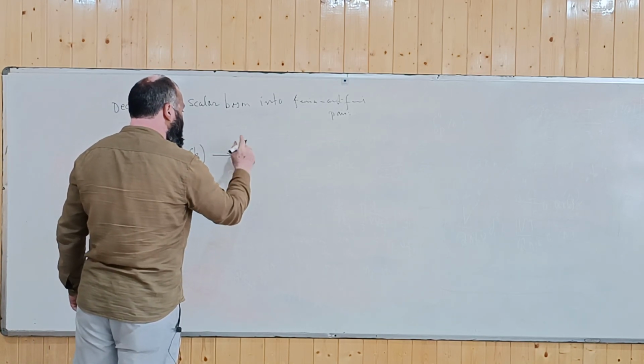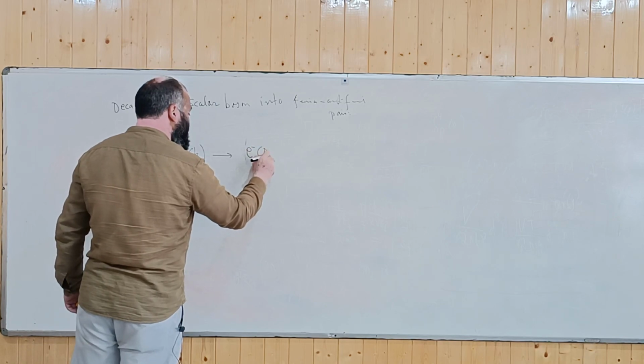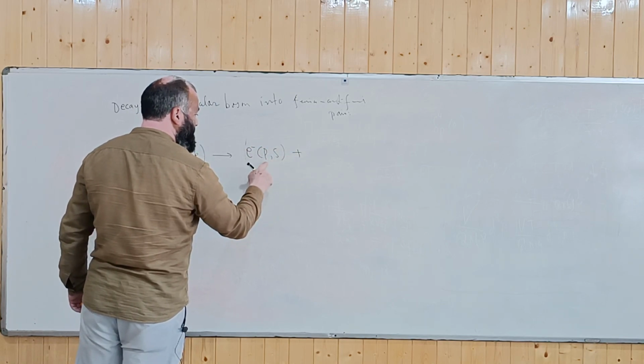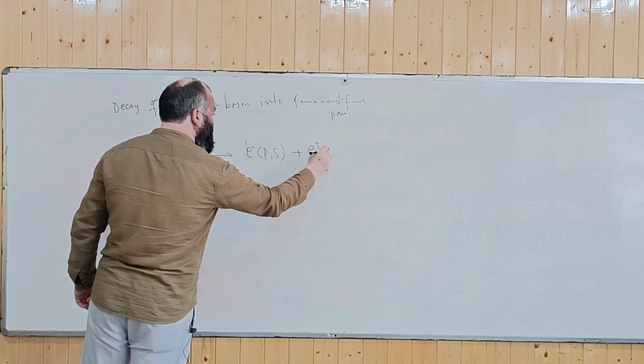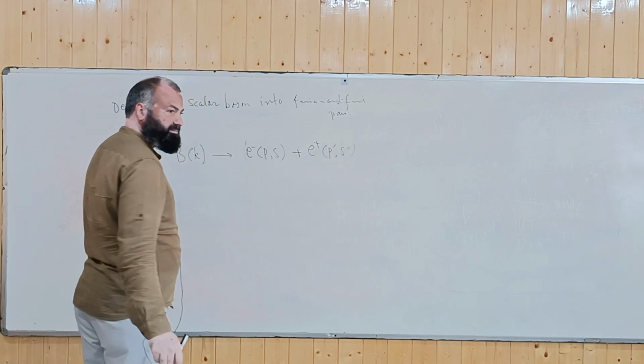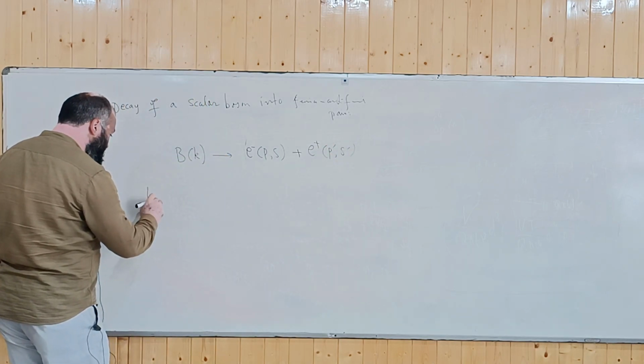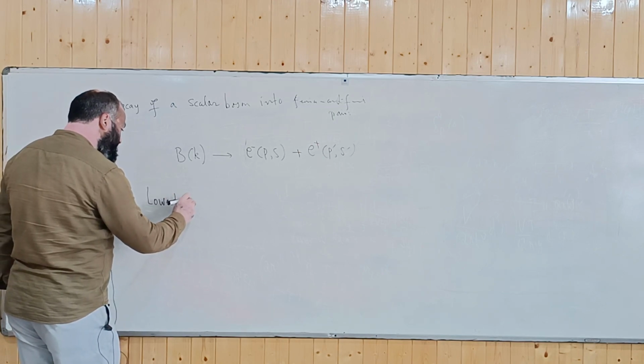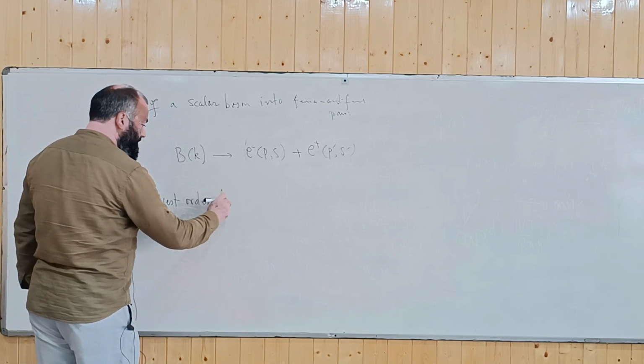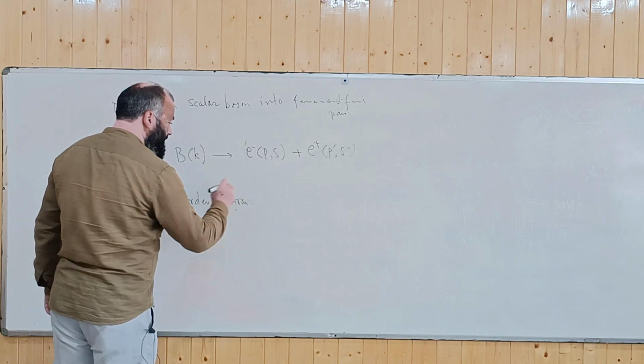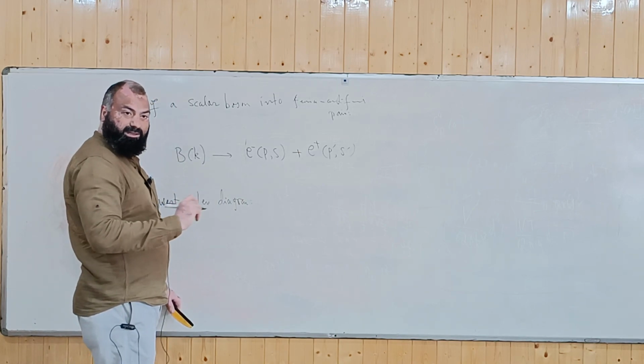Let me write the fermion as the electron, so it goes into this momentum state p and s, and the positron, the antifermion. Okay, so the lowest order diagram is what? So let's take the lowest order diagram. This we have already done.